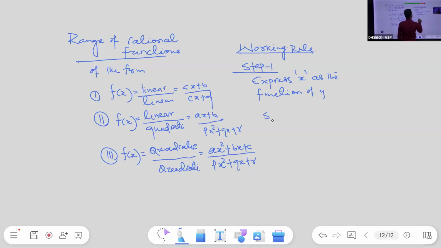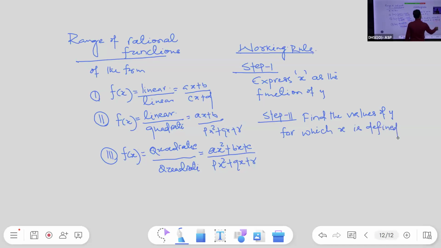Step 2. Find the values of y for which x is defined. Step 3.